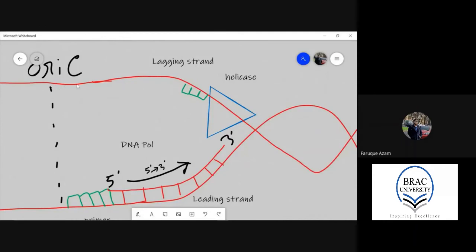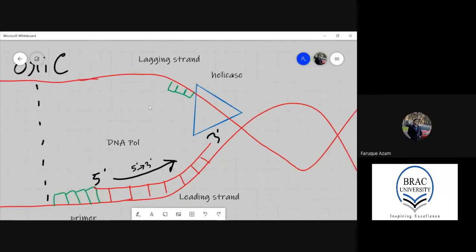So the synthesizing will not be able to go rightward. The reading by the DNA polymerase has to be from 3 to 5 prime, in this direction, right to left, in the upper strand, the lagging strand.